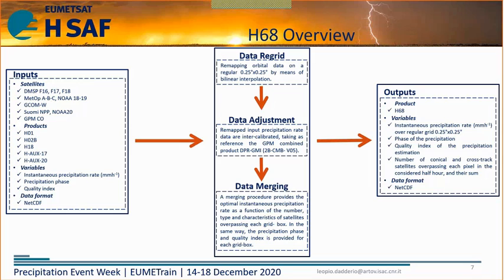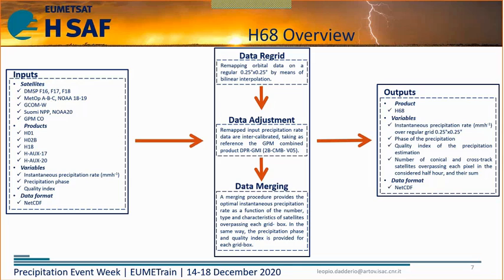taking into account the number, the type, and the characteristics of the satellites overpassing each grid box. We do this for the instantaneous precipitation rate, and we also do this for the quality index and for the precipitation phase.